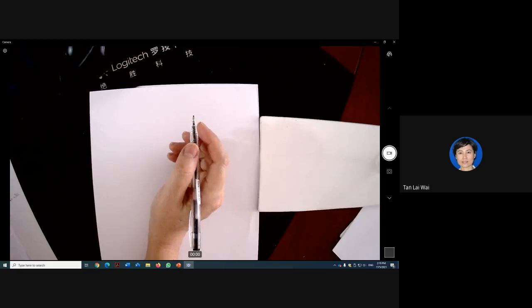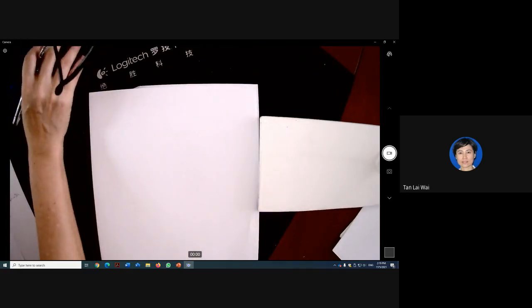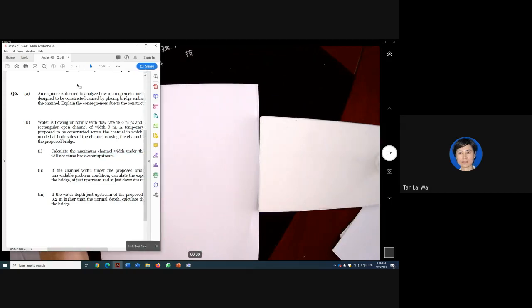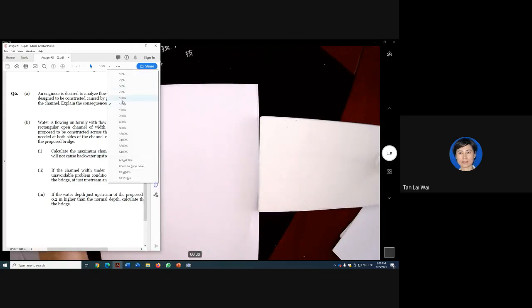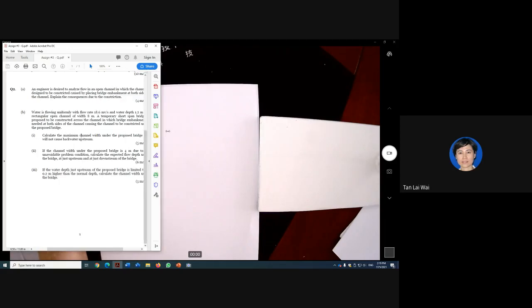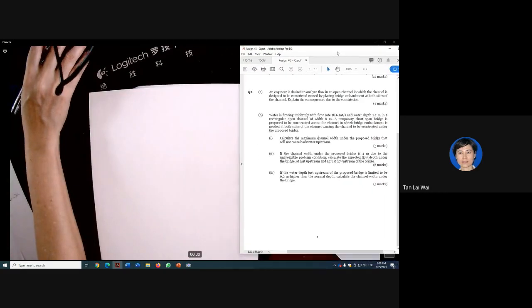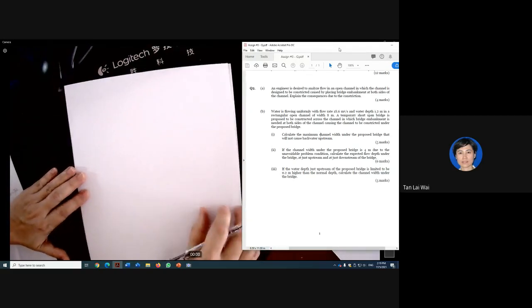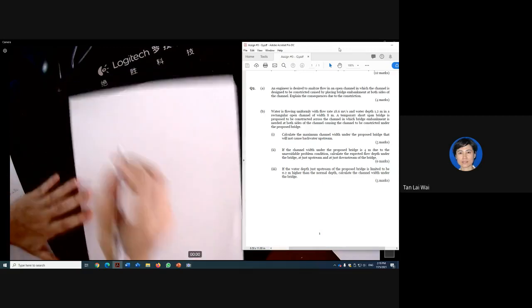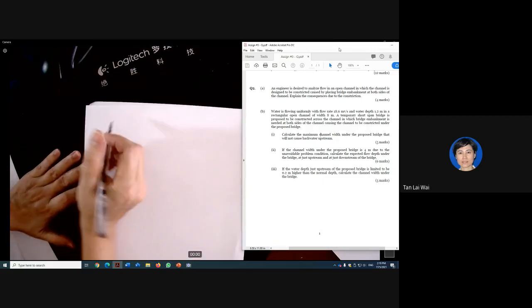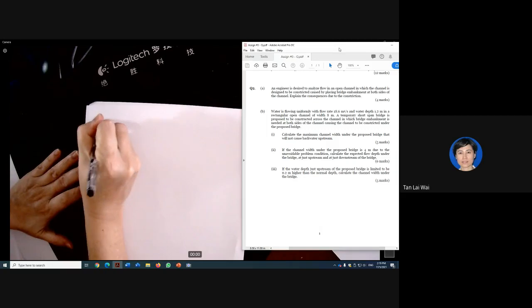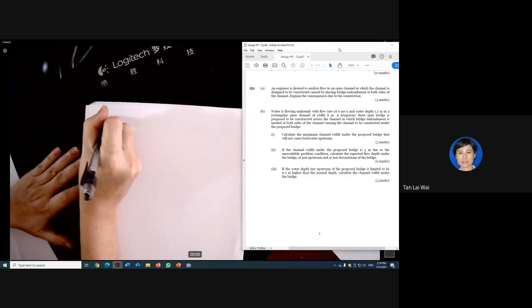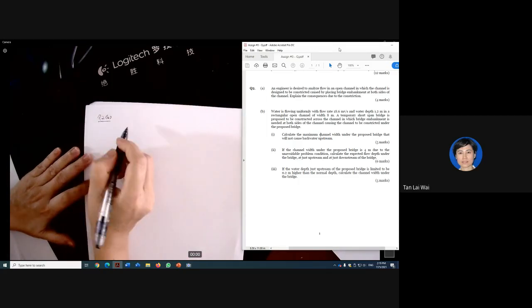Alright, let's look at this. Let us put the question side by side now, because I need the values. Yes, now it's side by side. Okay, now let's write out all the given values. So this is question Q2B.